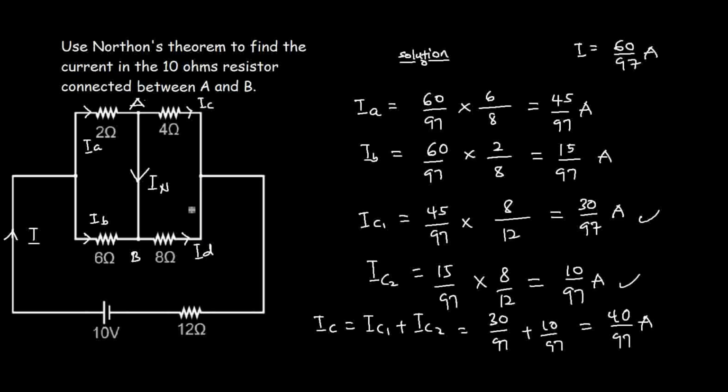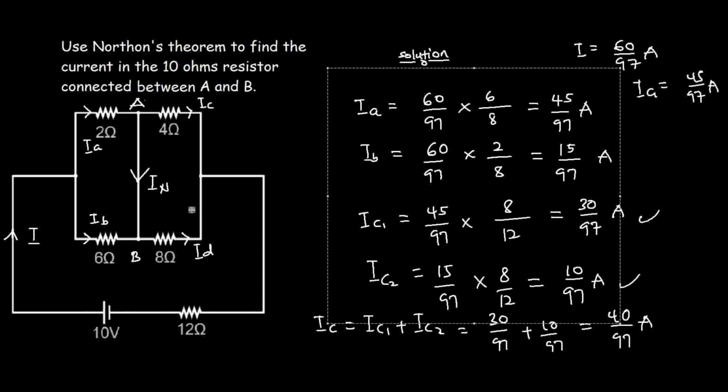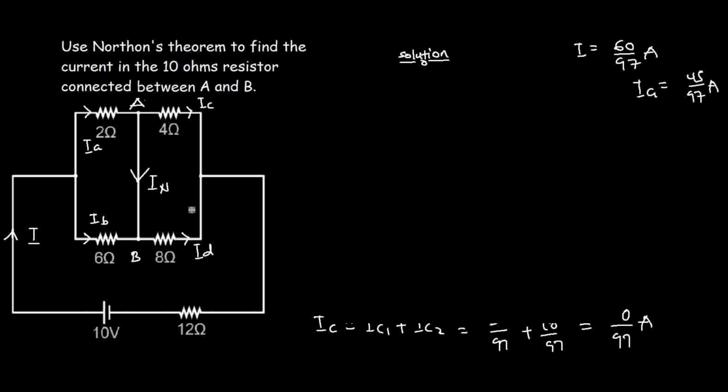Now that you know this value, let's look at what we are going to do now. We know IA to be equal to 45 on 97 amperes. Let's write this down. So this is IC that we have here.